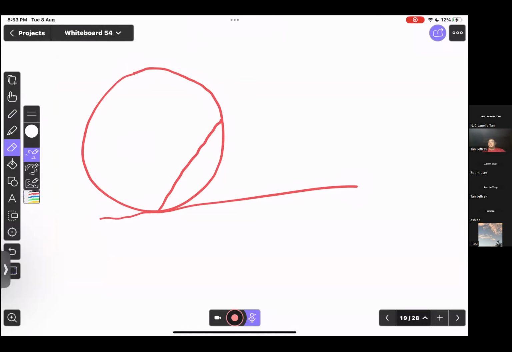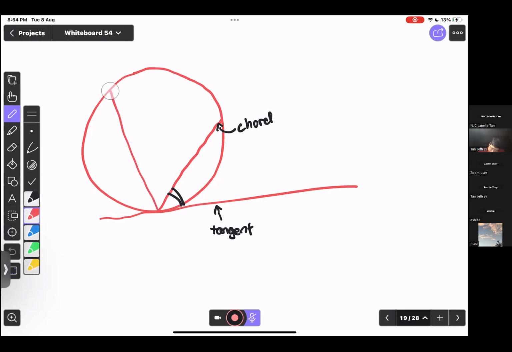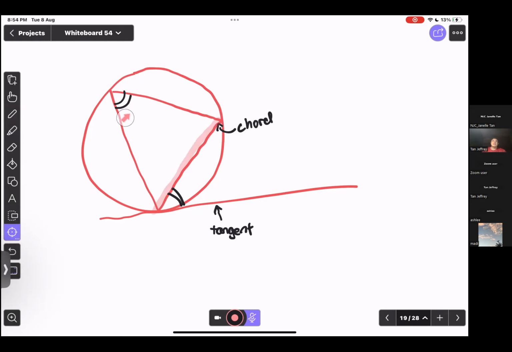The tangent chord theorem is actually better because you will remember that there's a tangent and there's a chord. The angle between the tangent and the chord is the same as the angle opposite the chord. So this chord, you see opposite the chord, these two are equal.